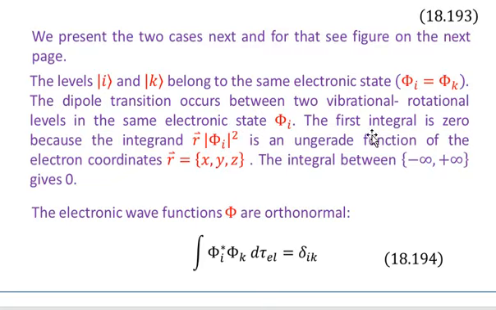The first integral is 0 because the integrand, r times |phi_i| squared, is an ungerade function of the electronic coordinates. That is, the integrand is an odd function in the first integral.